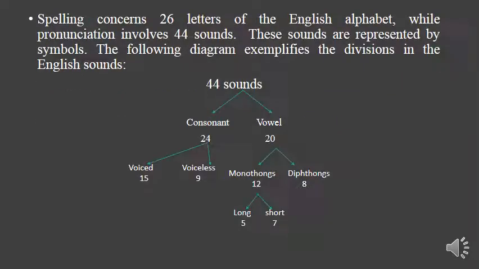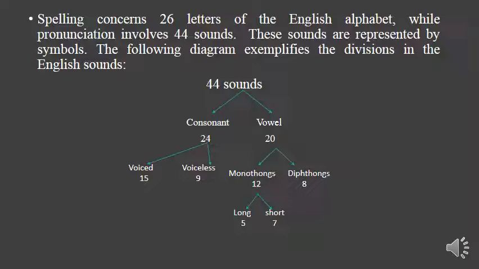In the English language, we have 26 letters. Spelling concerns the 26 letters of the English alphabet, that is A, B, C to Z, while pronunciation involves 44 sounds.